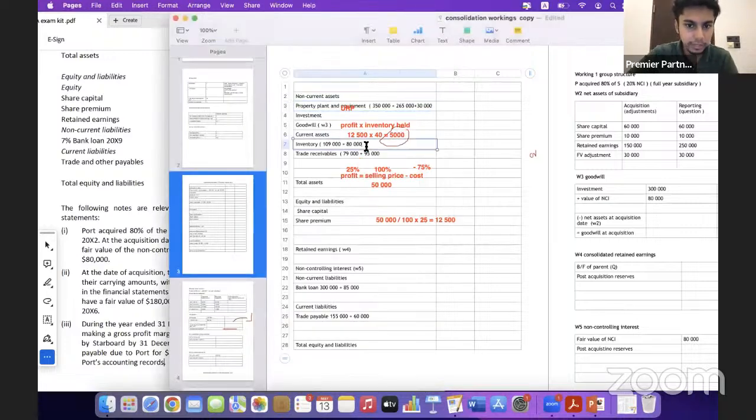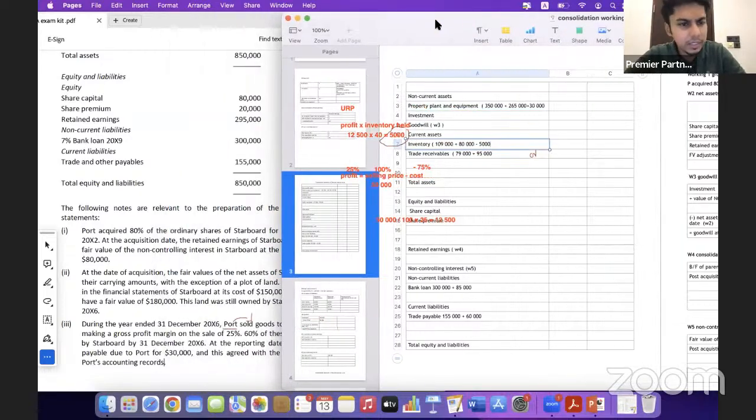So we go to inventory and reduce 5,000. Why are we reducing from the inventory? Guys, listen. The inventories are kept at a higher price, so we want to reduce the profit. The purpose of the unrealized profit is to remove the profit. Because we want to remove the profit, we are subtracting from inventory. Then inventory will become credit.